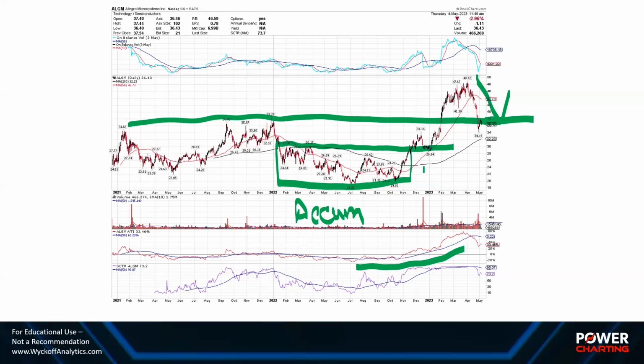So John, your scan would pick up the stocks that are crossing the 50 above the 200, even if they're just slightly above it. It's still going to qualify and pick that up, because I'm noticing that these really good leadership stocks, such as Allegro and NVIDIA, both have beautiful accumulation structures that precede these big markups. And so this scan could pick up these ideas as they're emerging.